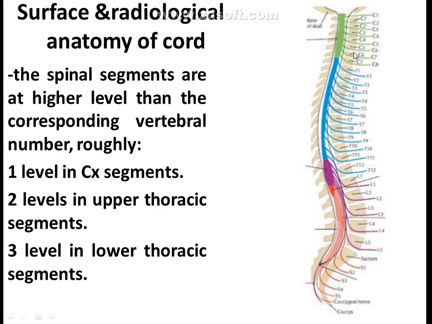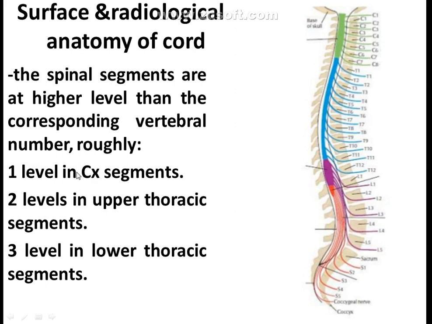Generally, the obliquity or the descent of the spinal nerves from each segment of the spinal cord has a general numbering or description.